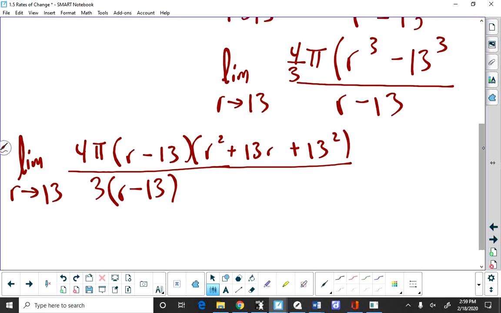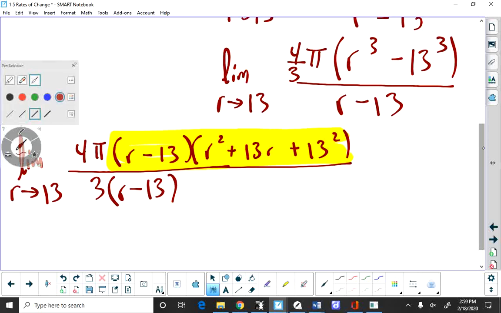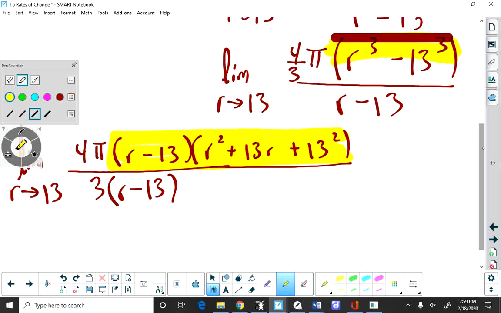The difference of cubes is a cubed minus b cubed equals a minus b times a squared plus ab plus b squared. That's where I'm getting this factorization from. So the r minus 13 is gone.